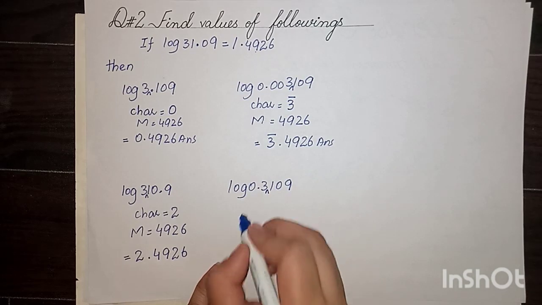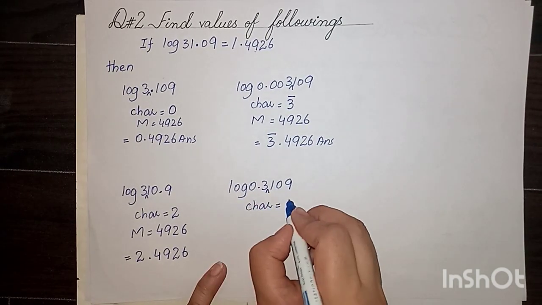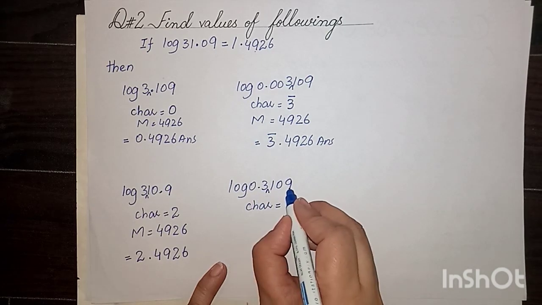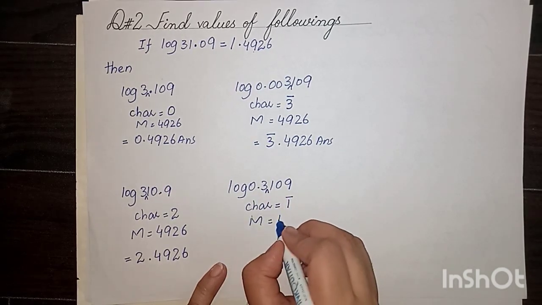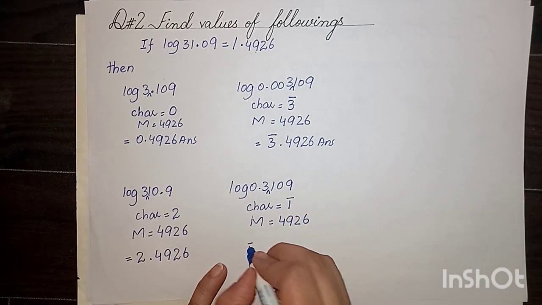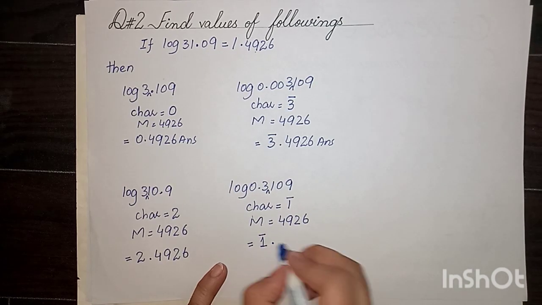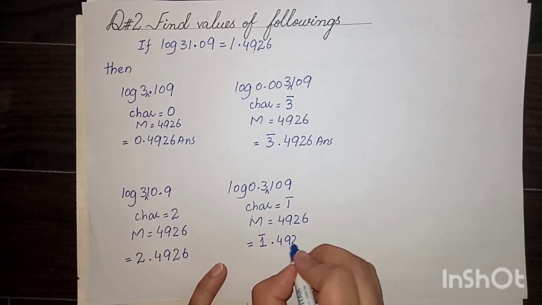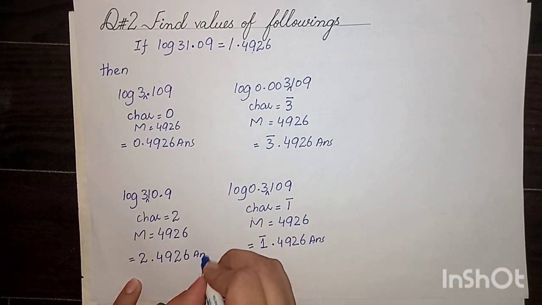Similarly, for that question, this is the reference point. The characteristic is equal to 1 minus, because this is less than 1, and the mantissa will be the same for all values, 4926. So our answer for this value is equal to minus 1.4926. This is the answer.